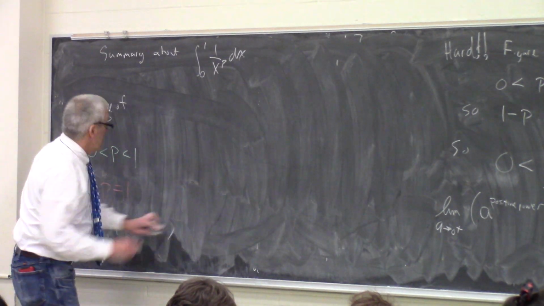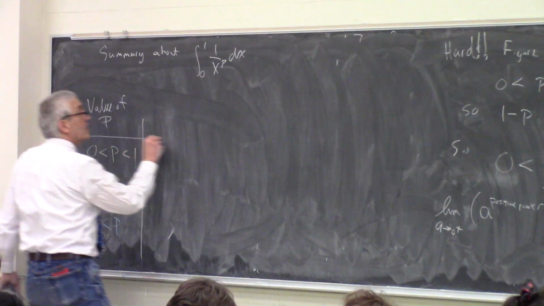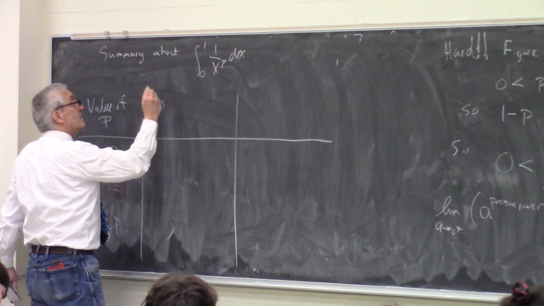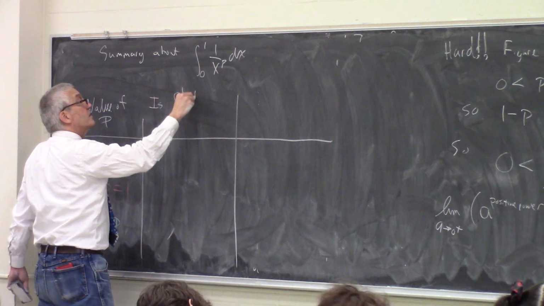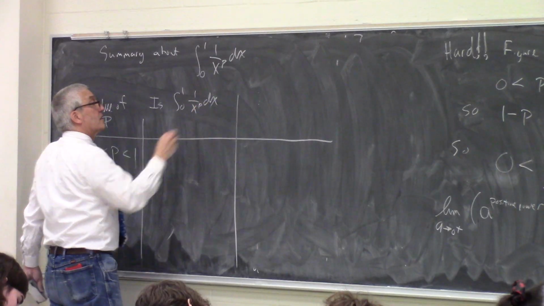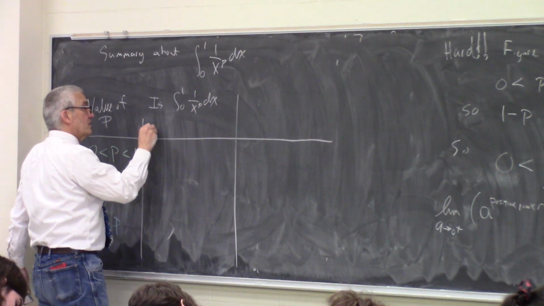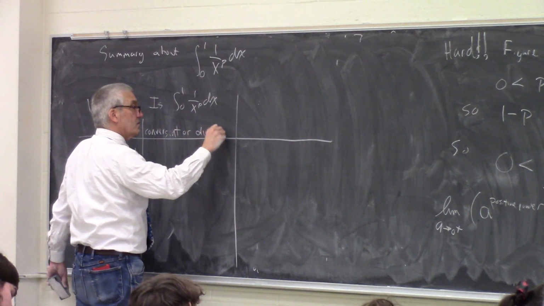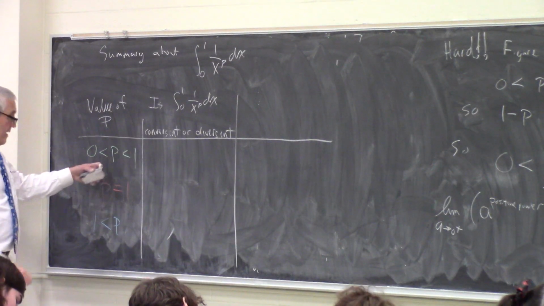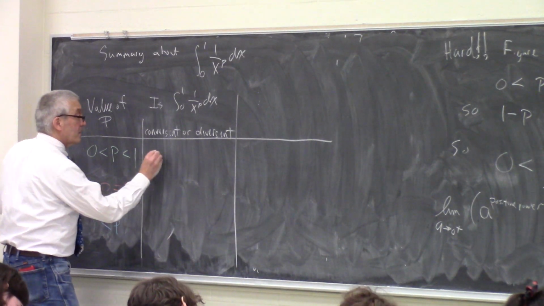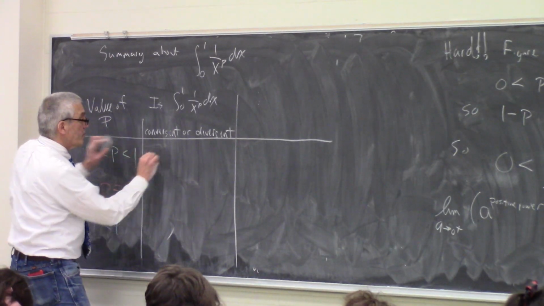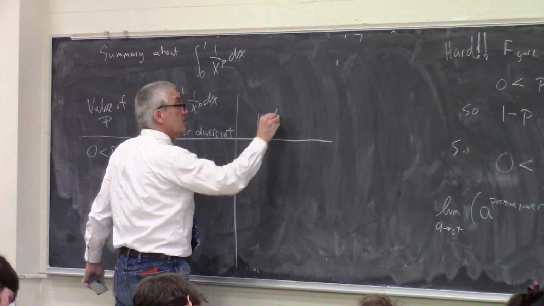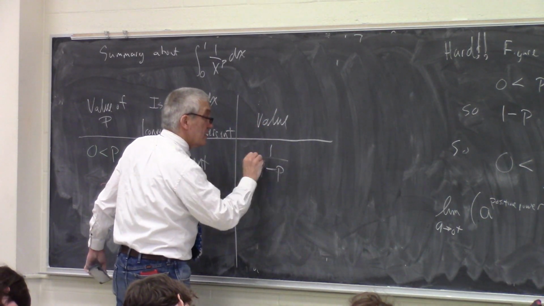And so the question is, is the integral from 0 to 1 of 1 over x to the p convergent or divergent? Well, we found that in the green case, it was convergent. And its value is 1 over 1 minus p, which is a number.